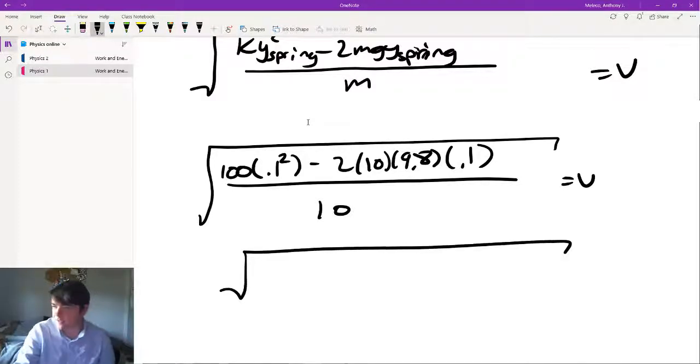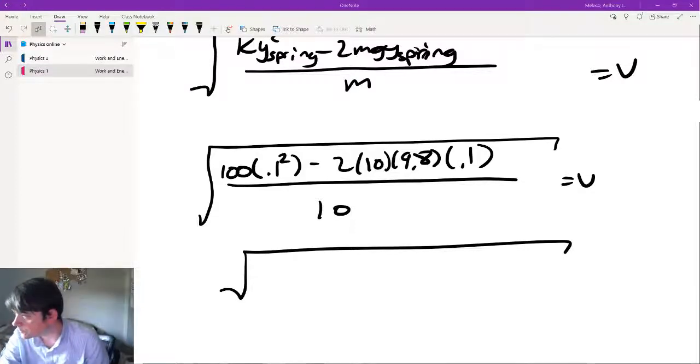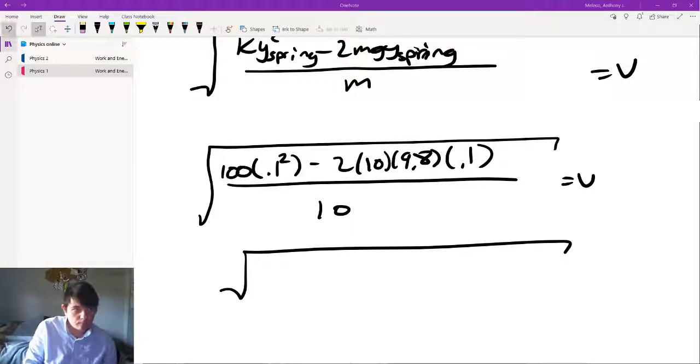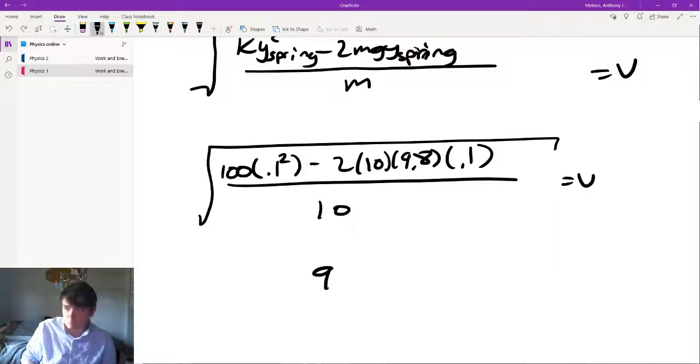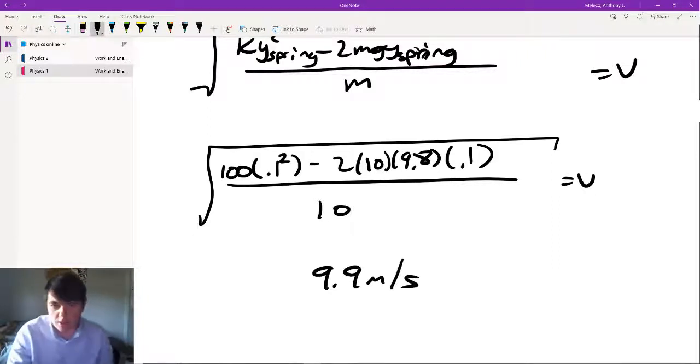And if you plug in all those numbers and do the math on that, you get that v is equal to 9.9. And yeah, that's the velocity.